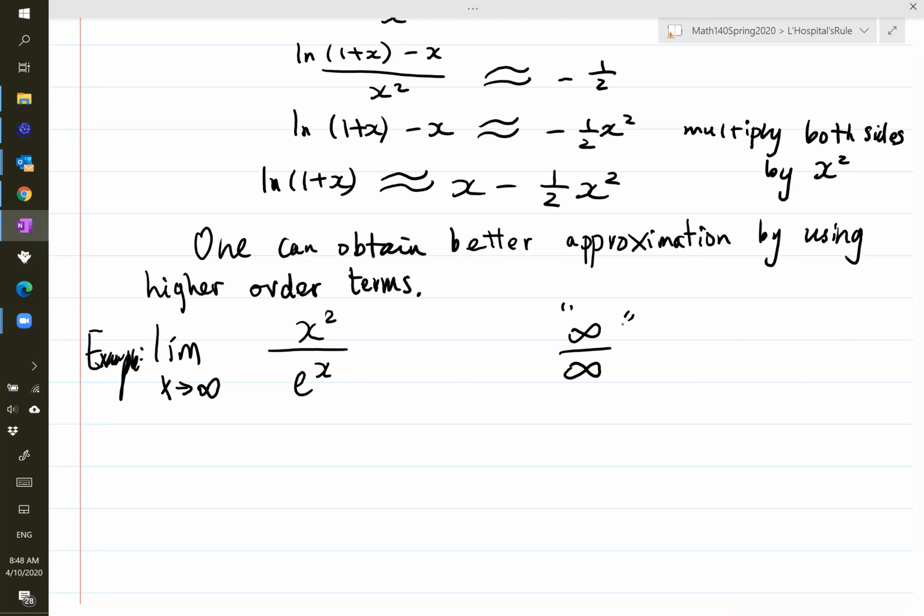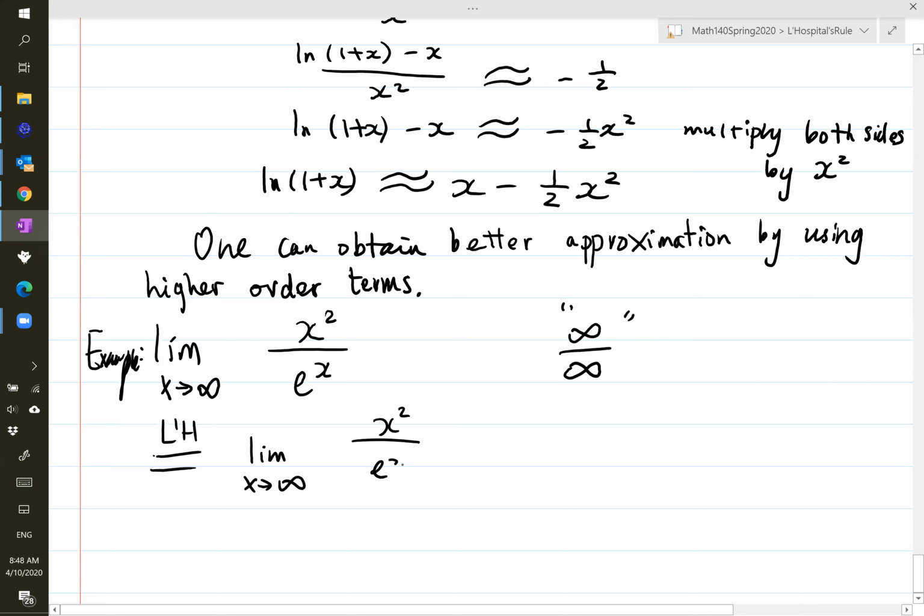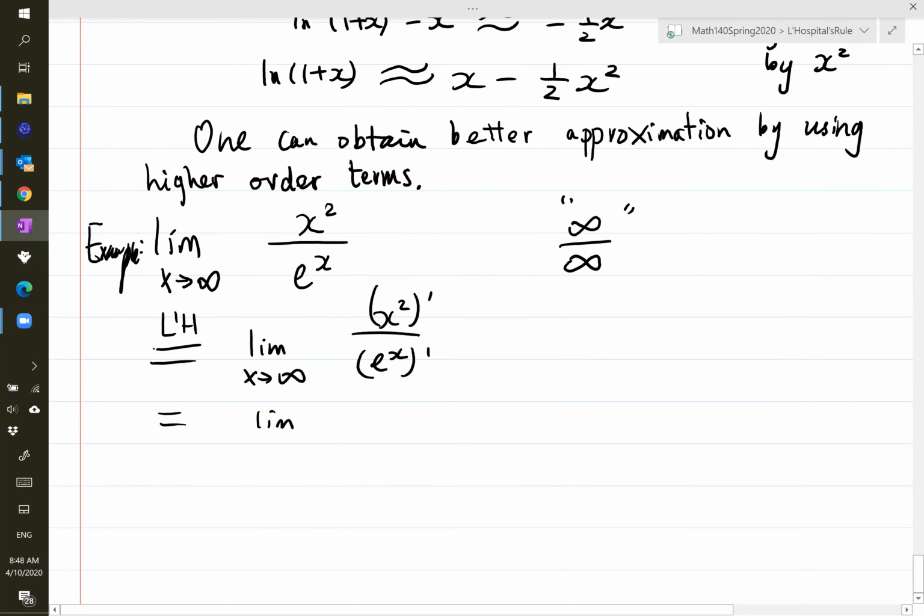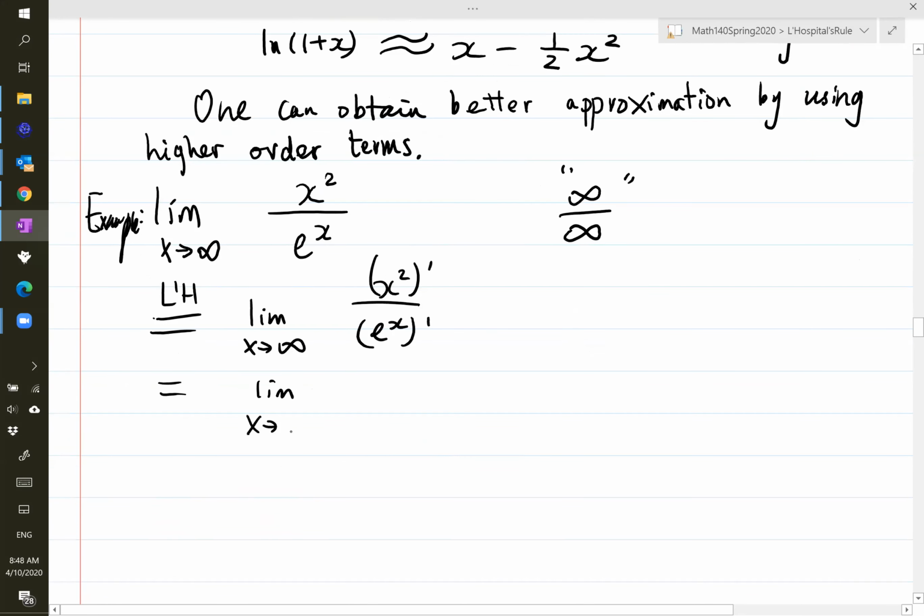Now for this example, we apply L'Hopital's rule and then we work out the algebra. The derivative of e to the x is itself, it does not change. The derivative of x squared is twice x.